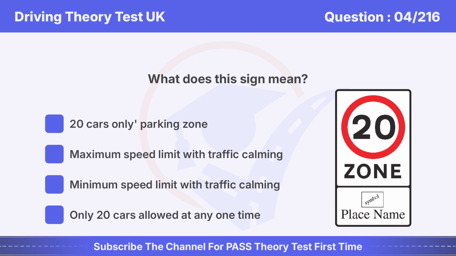Question 4. What does this sign mean? Answer is B. Maximum speed limit with traffic calming.